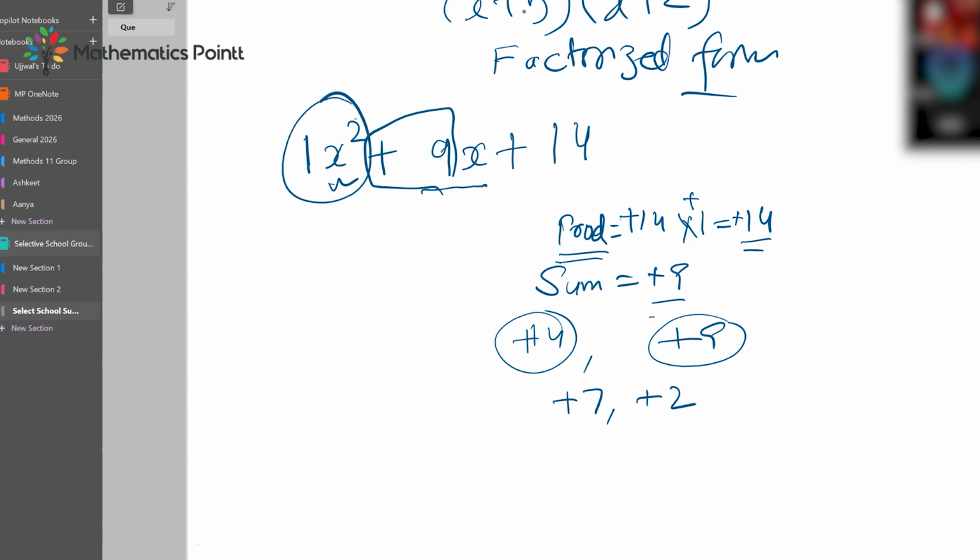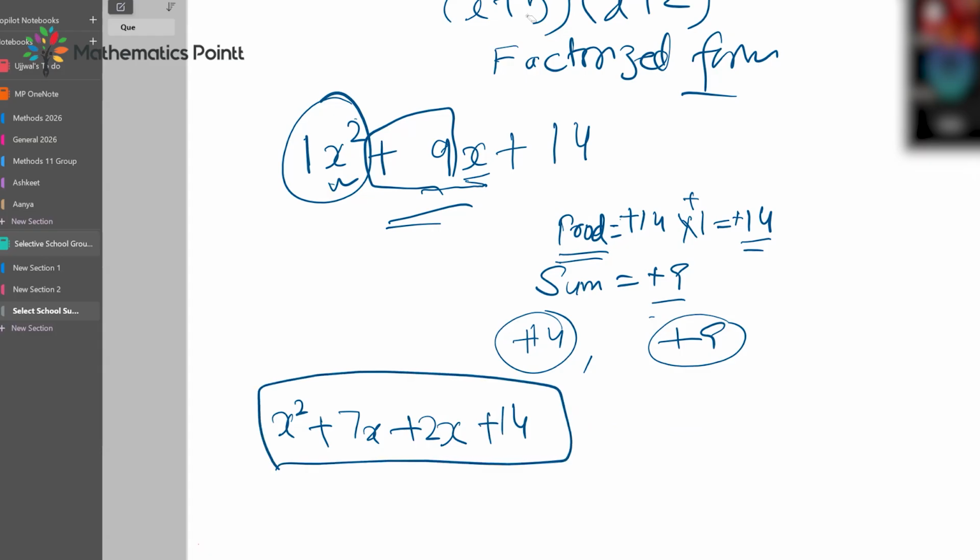Now write the first term as is, x squared. Split the middle term into these two numbers and place x along with it, because the middle term has x in it. I have 7x plus 2x plus 14.